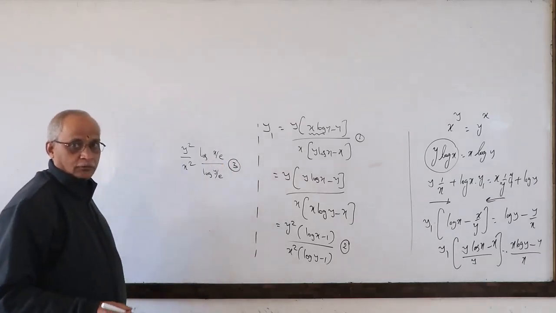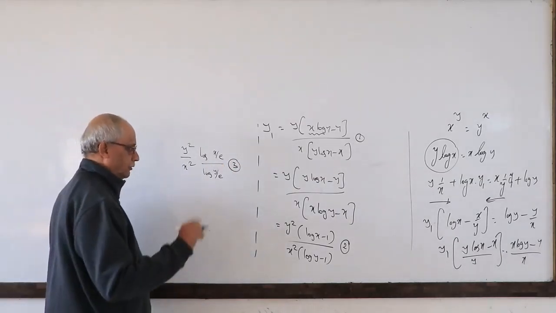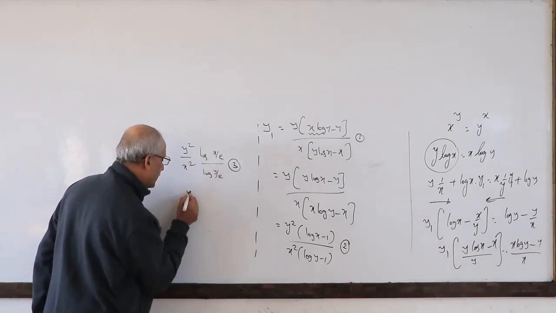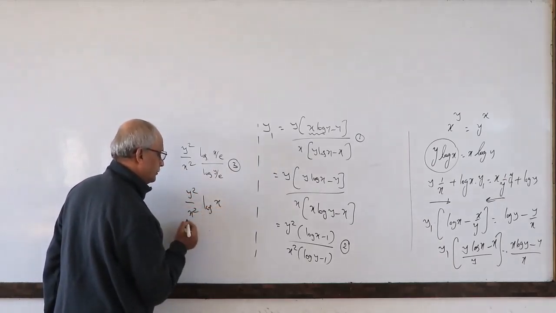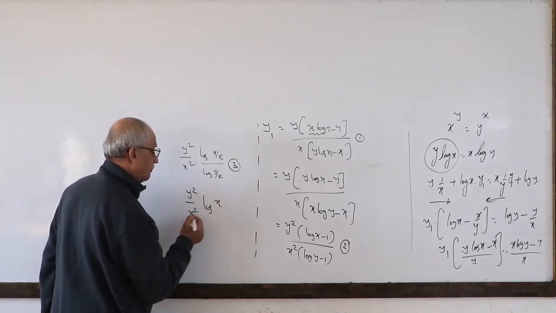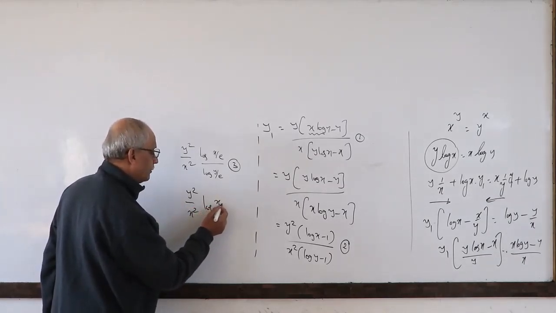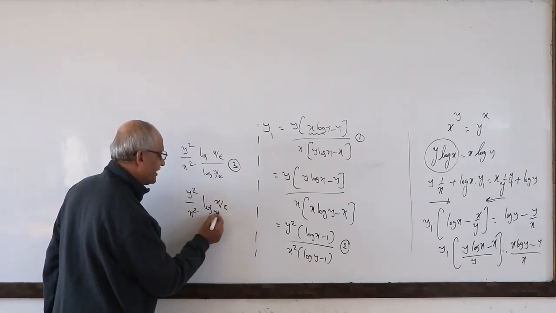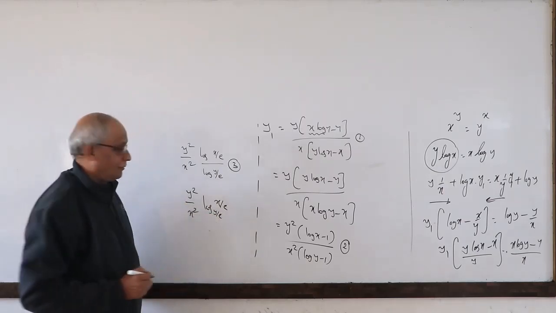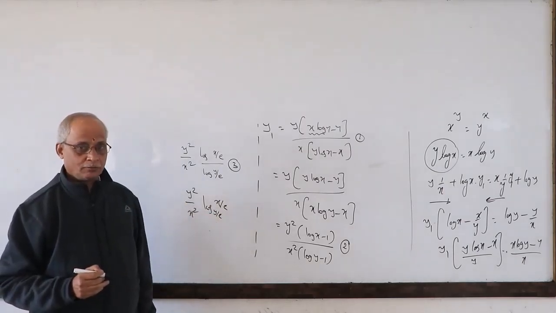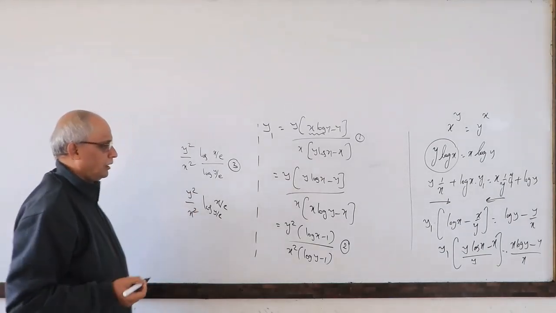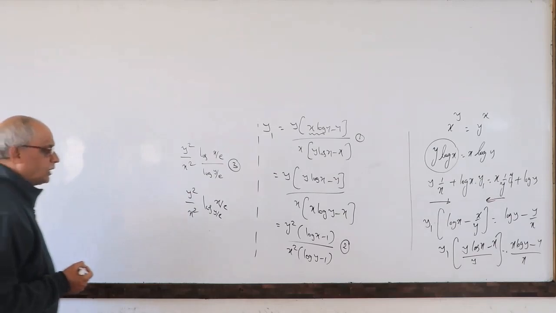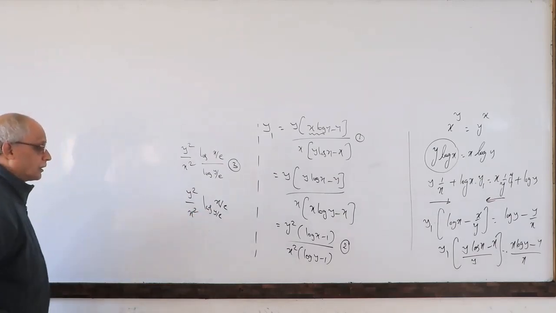Advanced: y square by x square, log x by e base y by e. Too much, but these overactions are possible in entrance exams for any duplicate answer.